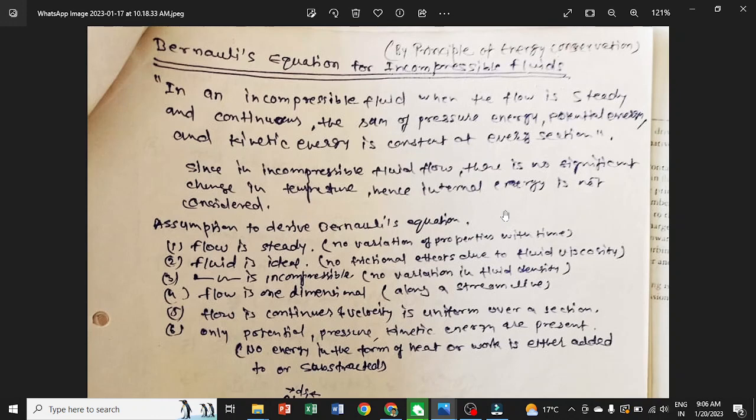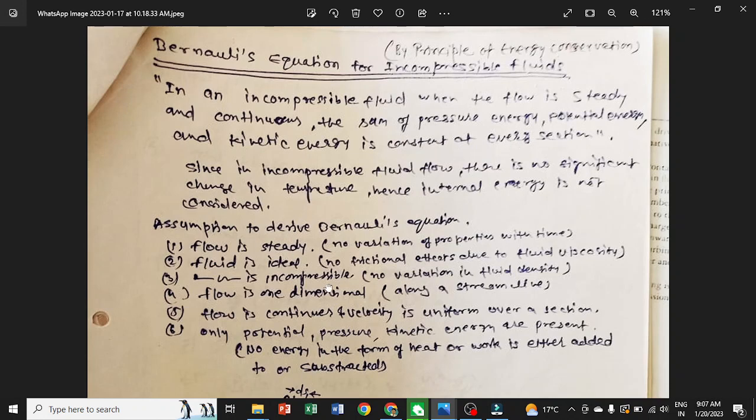According to Bernoulli's equation, in an incompressible fluid, when the flow is steady, meaning the flow does not change with time, and continuous, the sum of pressure energy, potential energy and kinetic energy is constant at every section. So the main conclusion of Bernoulli's equation, I am again repeating, is that the sum of pressure energy, potential energy and kinetic energy is constant at every section.